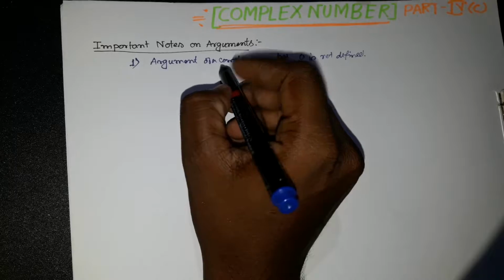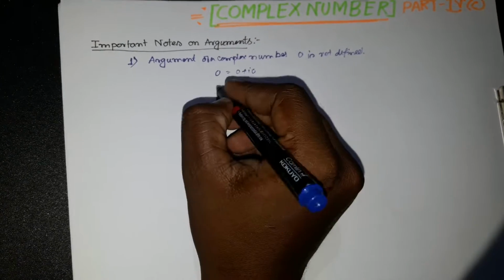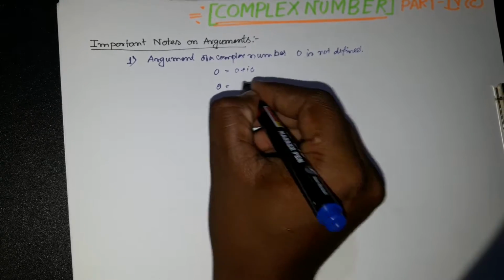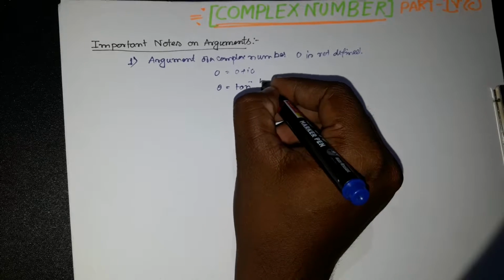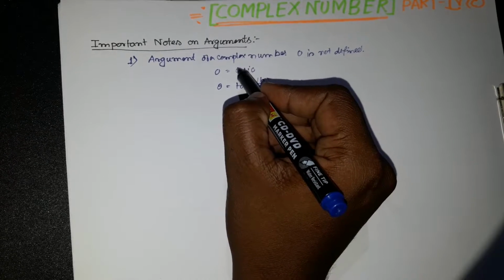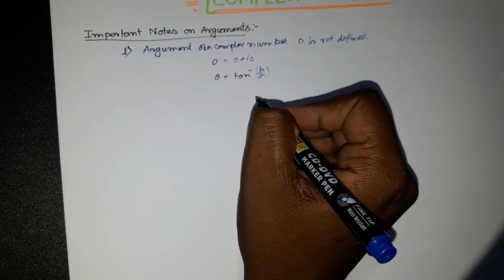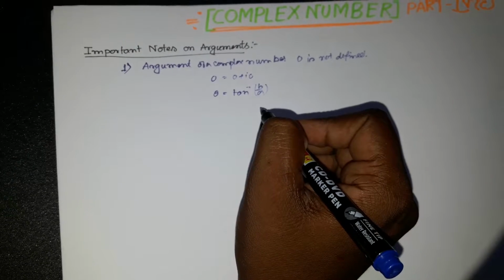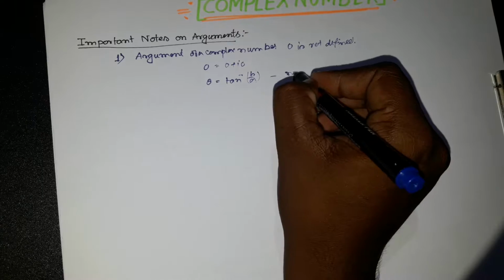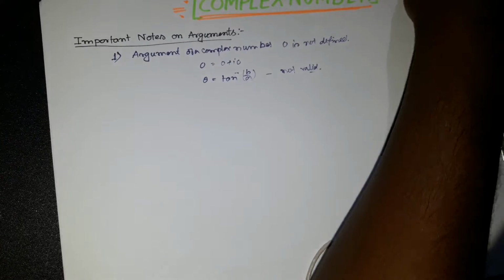That is, 0 is represented by 0 plus i into 0, and we know that the argument of a complex number is theta equals tan inverse b by a. If we denote this by a and this by b, then the denominator becomes 0. Something divided by 0 is undefined, so this is not valid.